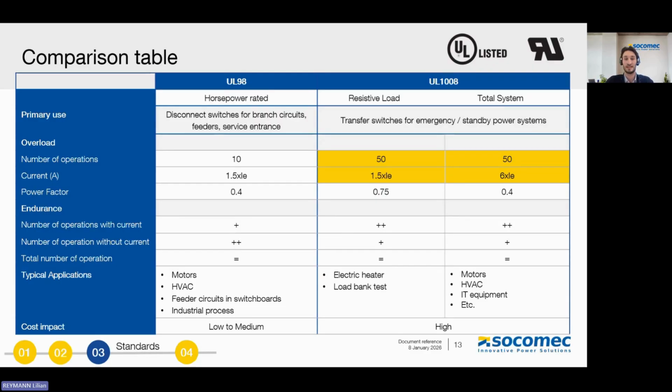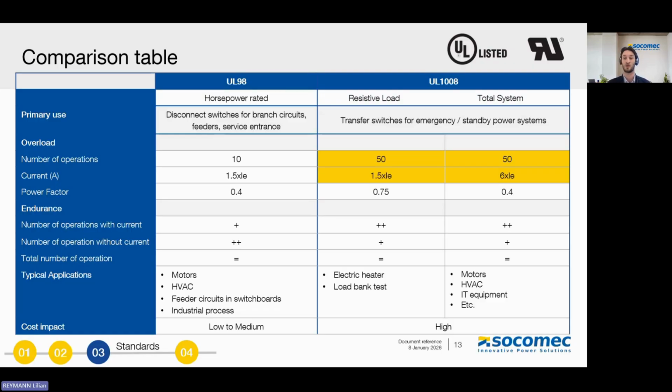So what we can see in yellow on the table is that for the resistive loads, transfer switches are tested 50 times with 1 times the operational current with a 0.75 power factor.